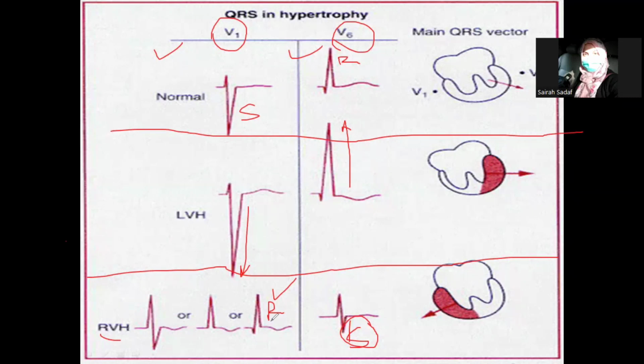In lead V1, there won't be any S wave. There will be an R wave. That is the opposite of the normal phenomenon. And again, coming to lead V6, there will be a prominent, deepened S wave instead of an R wave. Okay, got it? Just inbox me so that I know whether you understood it or not.